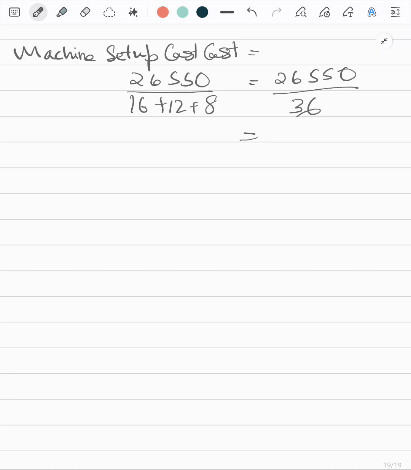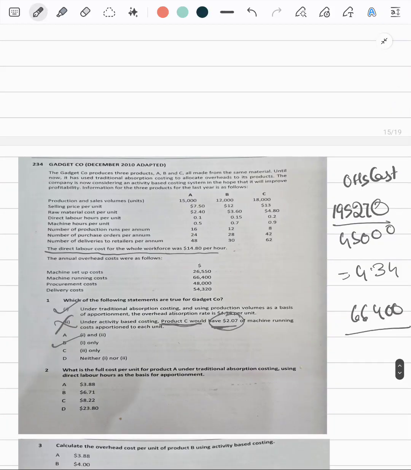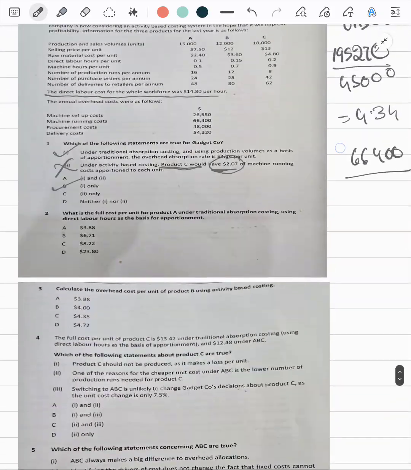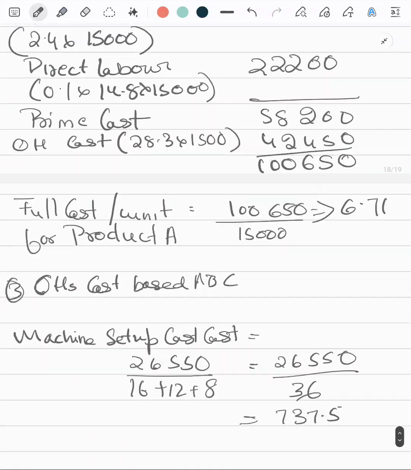So 26550 divided by 36, and I get the overhead absorption rate for this as 737.5. Next cost pool is machine running cost. Okay, first was machine setup cost and now it is machine running.